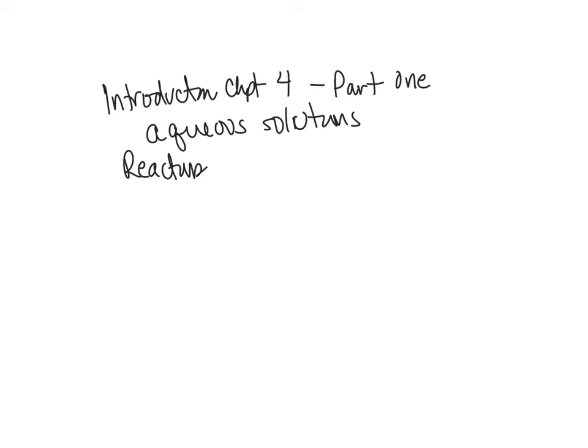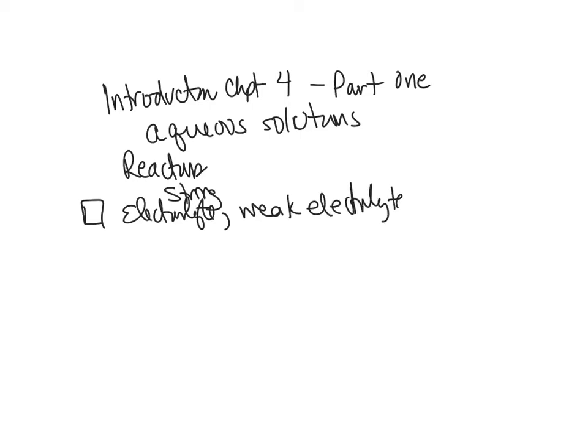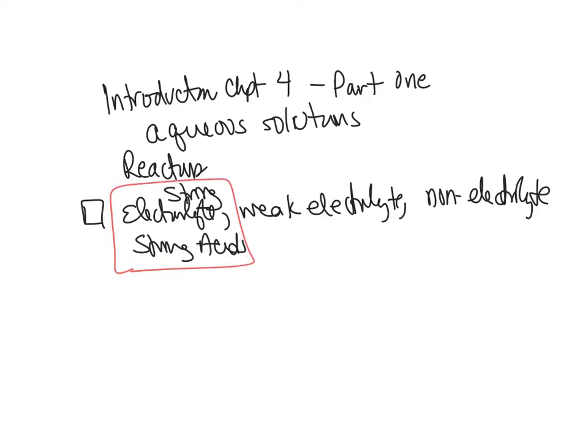And so, the first thing you need to do is you need to be able to recognize a strong electrolyte, a weak electrolyte, and a non-electrolyte. You'll need to know your strong acids, so you'll have to memorize those, and you will find that those are also strong electrolytes.